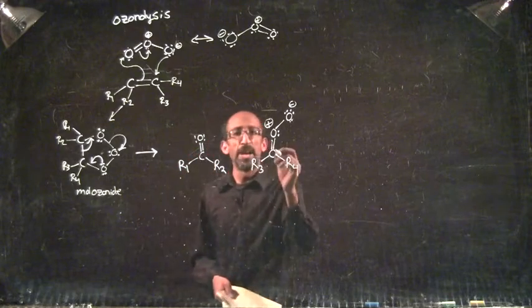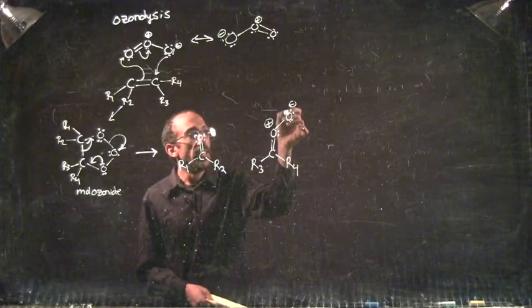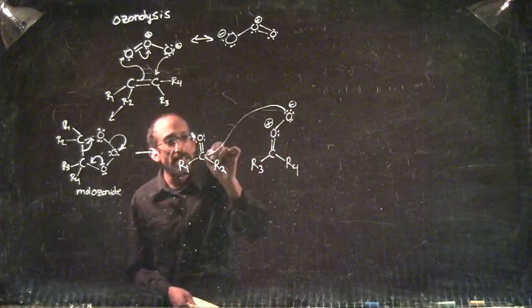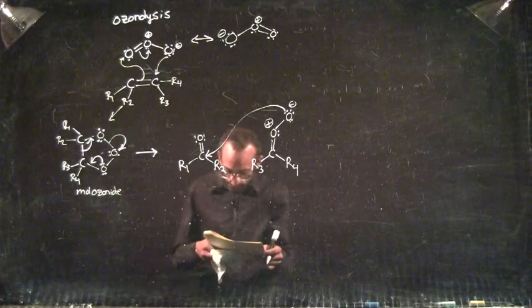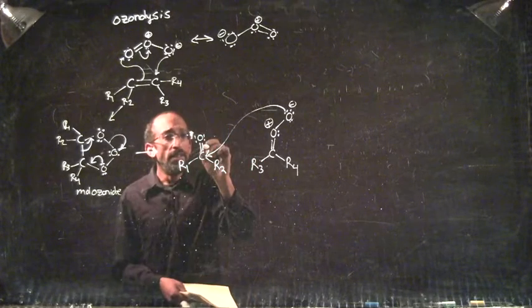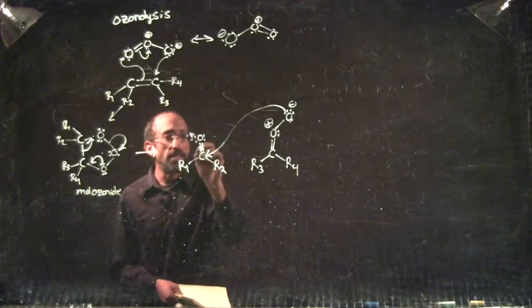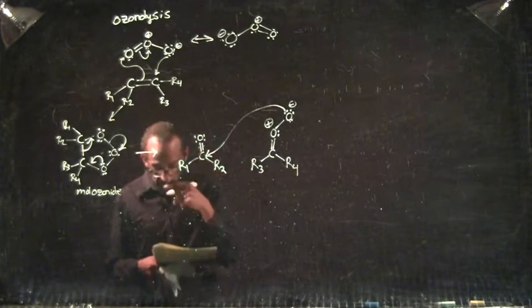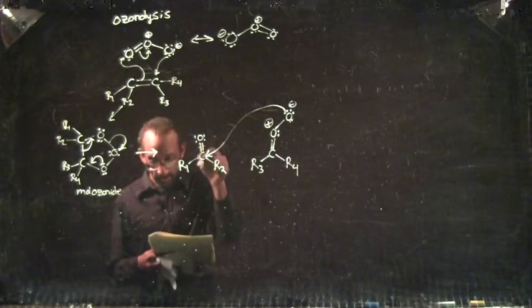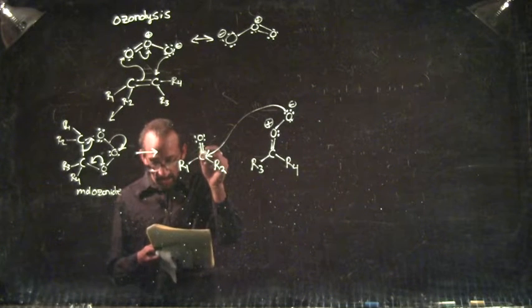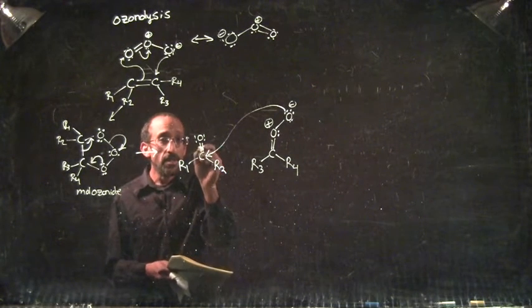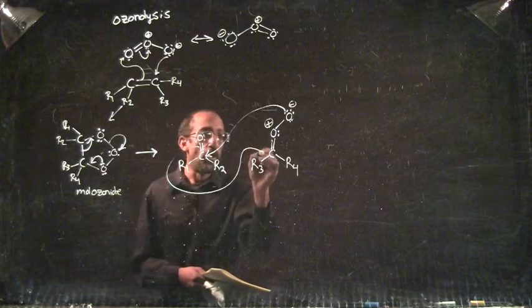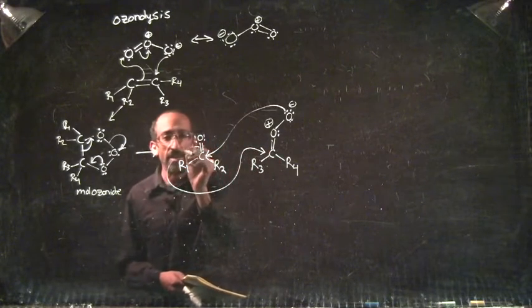Again, these are 2 pretty reactive species. This negatively charged oxygen will attack this carbon atom. The electrons in the pi bond of the carbon we're just going into here, that's going to go ahead and form a bond to this carbon atom.